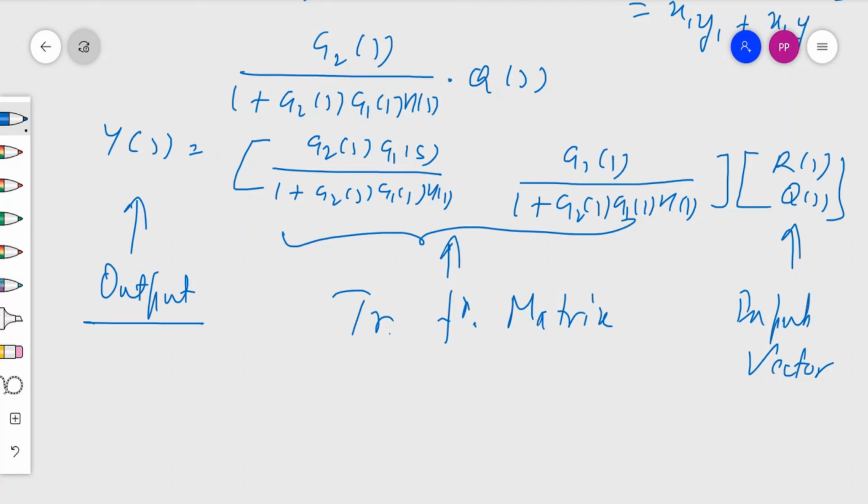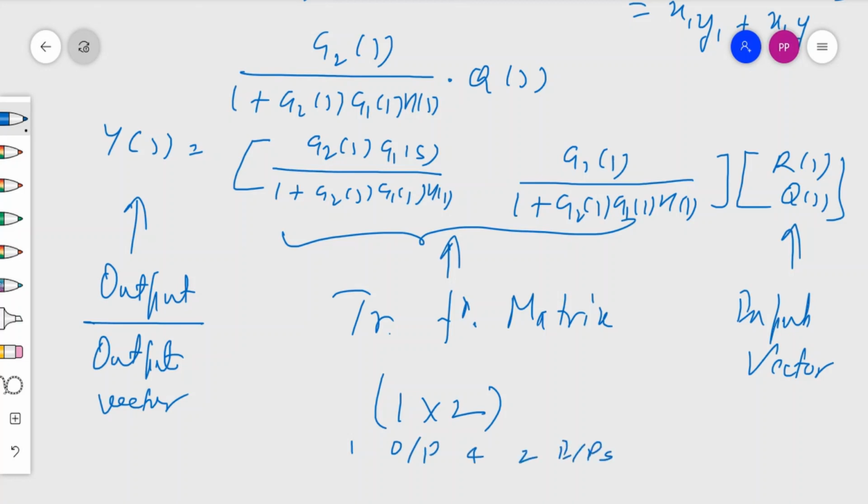So this will be an output vector. So this is an example of a 1 by 2 system. This means one output and two inputs.